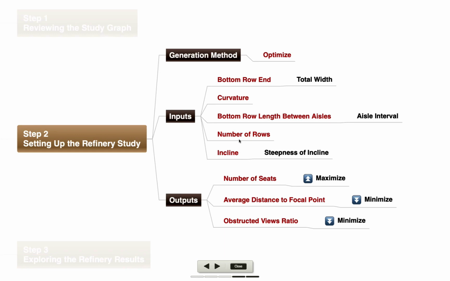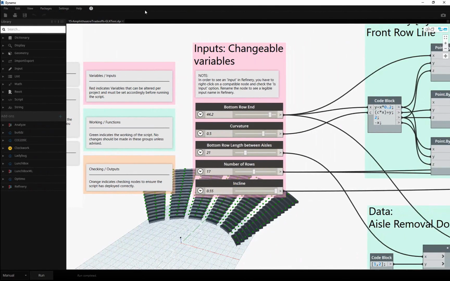That might be an interesting thing. So would I prefer to have more aisles, trying to keep the same number of seats, and more rows, or would I prefer to have fewer aisles and keep the seats closer? Okay, let's see. That seems like a reasonable trade-off. I always try to plan my trade-off first. So let's go over and set up refinery.